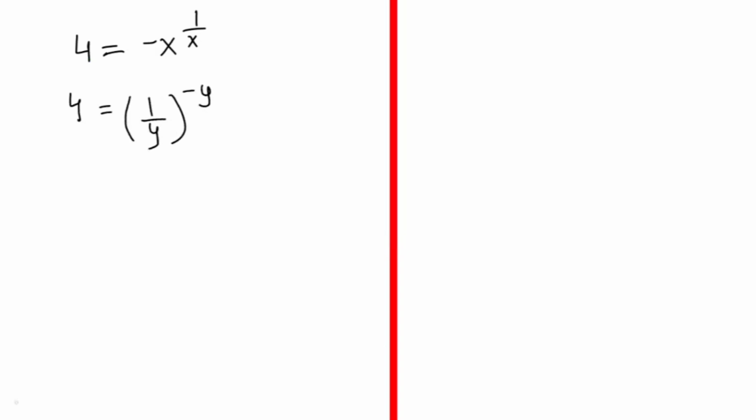Now we have the exponential rule that 1 over a is equal to a to the power of negative 1. So now I'm going to apply this. So y to the power of negative 1 and whole to the power of negative y is equal to 4. Now the powers are going to be multiplied.